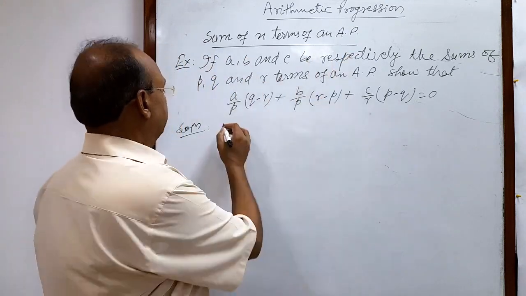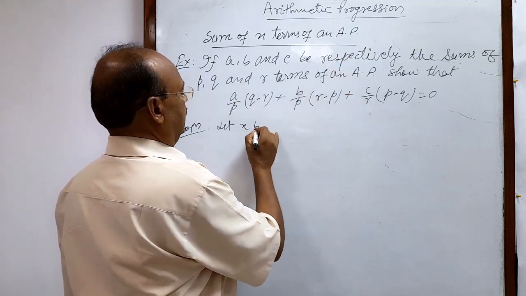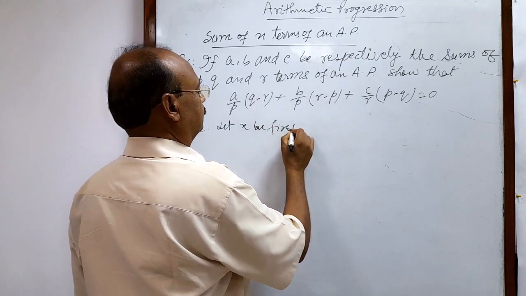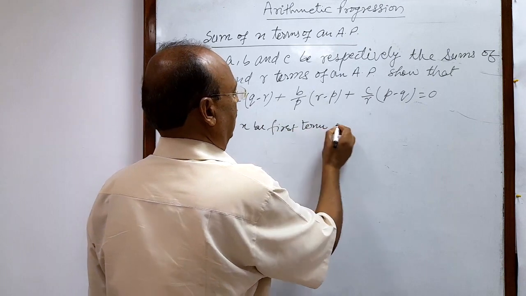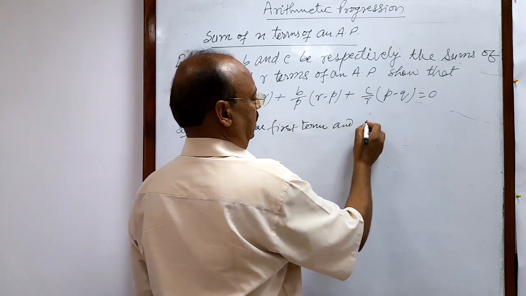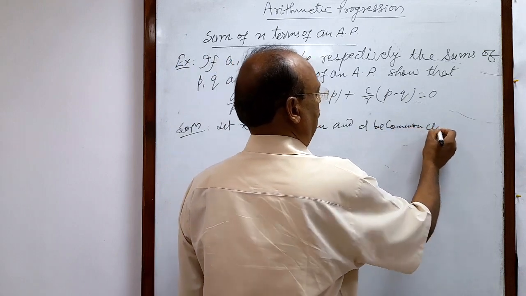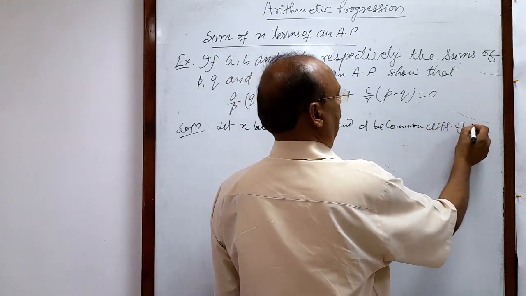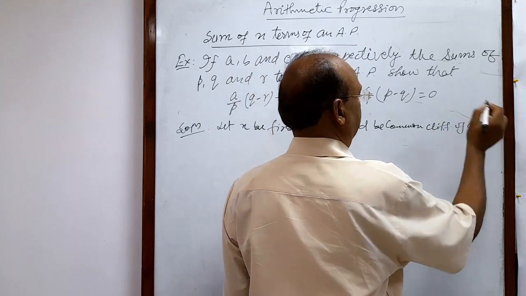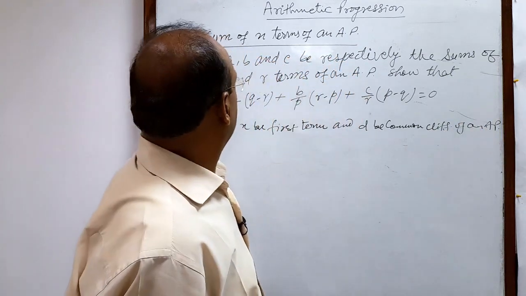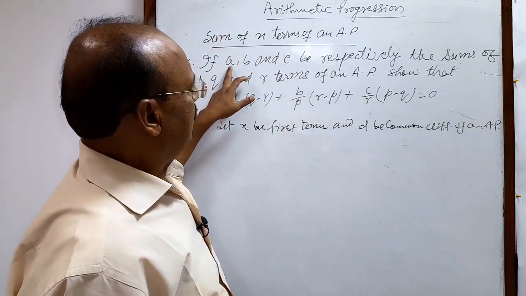So let us take X. Let X be the first term and D be the common difference of an AP. Correct?